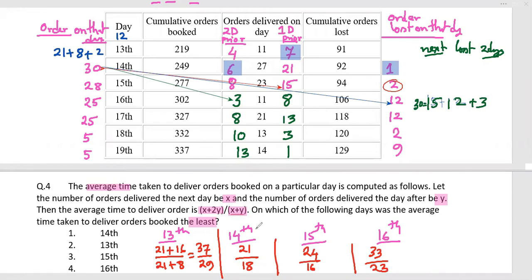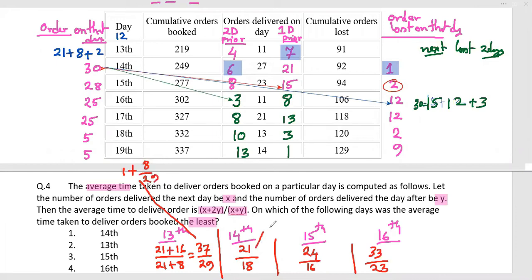Now out of these four ratios, we need to find out the least ratio in this case. So out of these calculations, one thing I can do for your help: 37 by 29, we will consider as 1 plus 8 by 29.